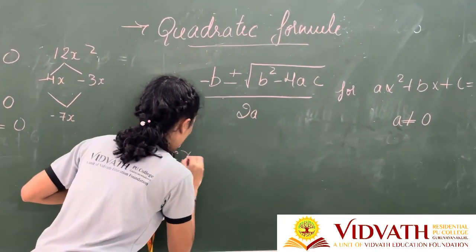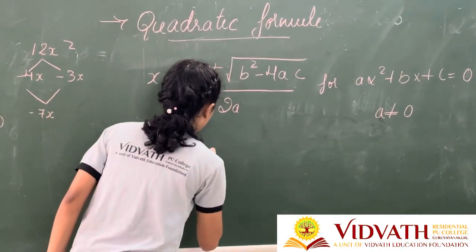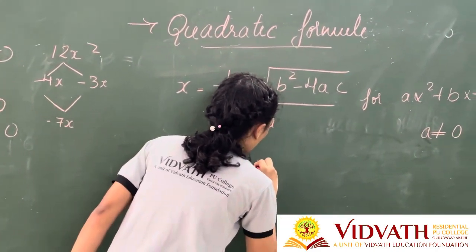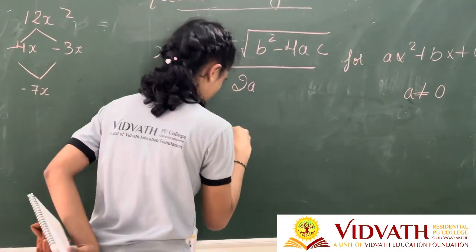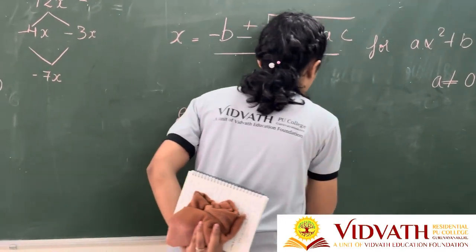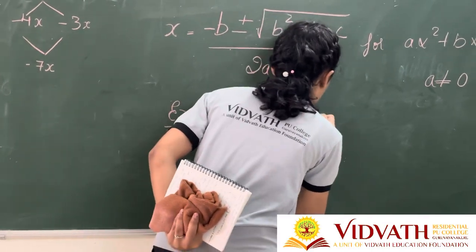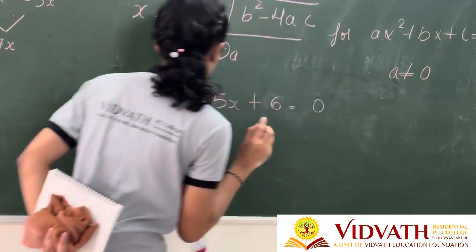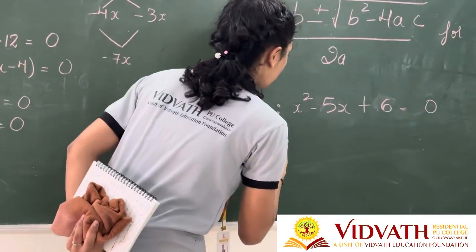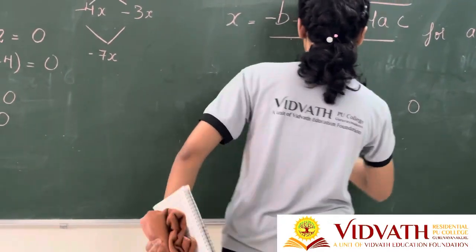Come, let's take an example. X square minus 5x plus 6. I have taken the equation. Can you say the value of b here?